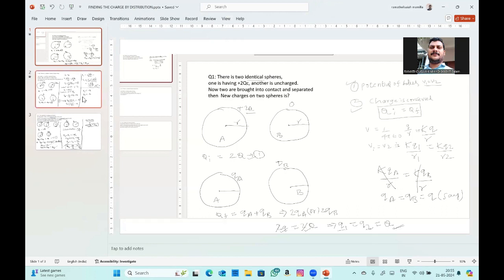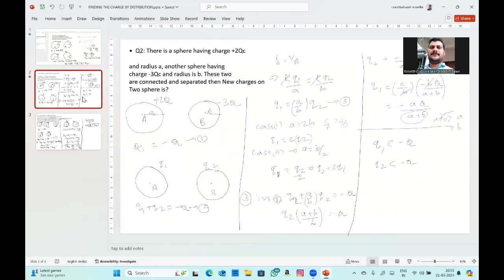Now, coming to the second question. Here these two are not identical spheres. One has radius A, the other sphere has radius B. The charges are also different, one is plus 2Q and another is minus 3Q. You can take your own charges depending on what they have given.